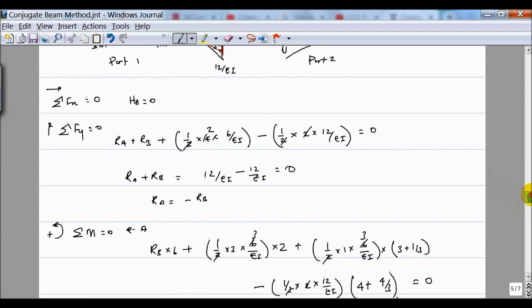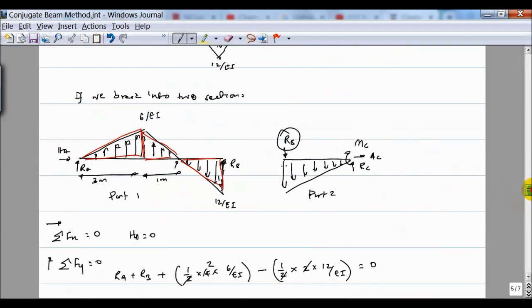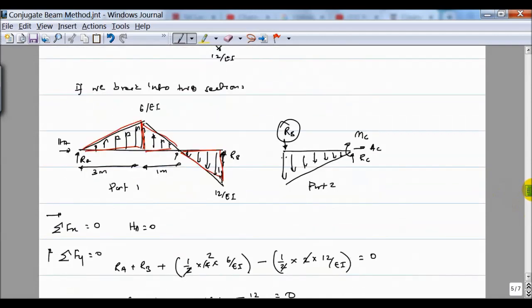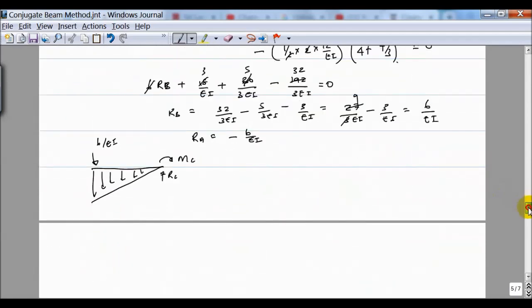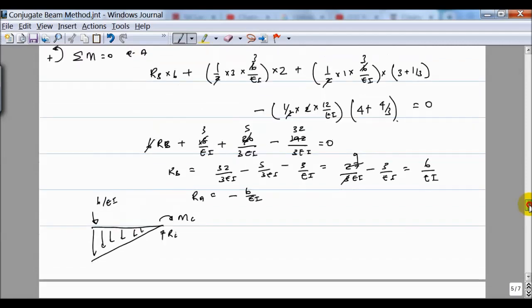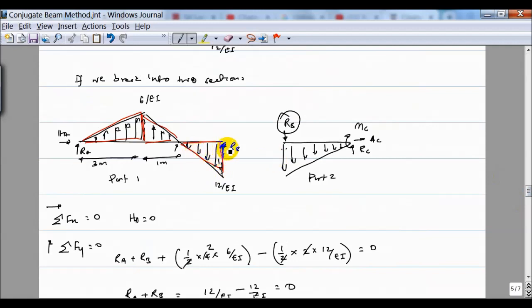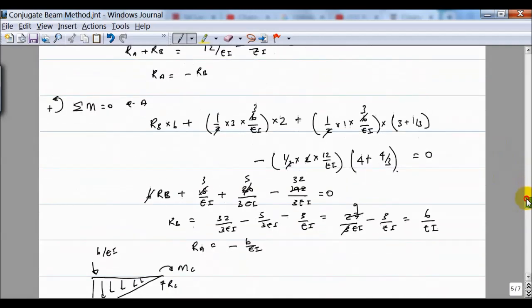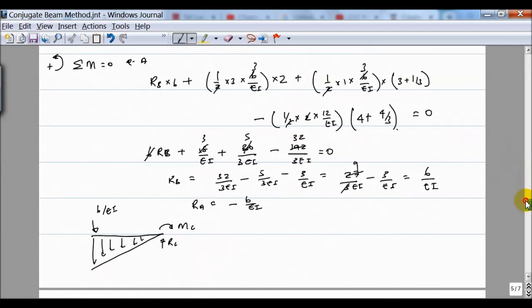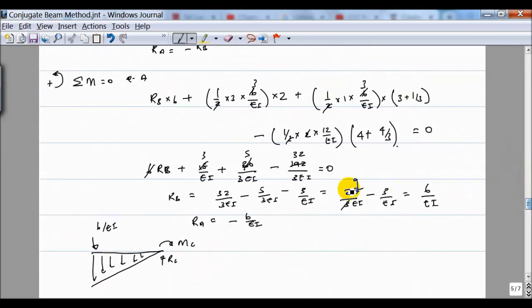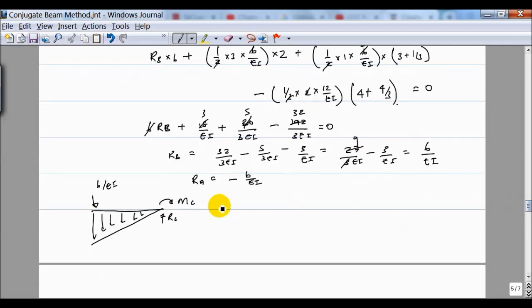Okay, it's a positive value, because I marked it as upward here and I got a positive value, so no confusion about that. I hope I have done it correctly here. Yes. So now here it is 12 over EI.